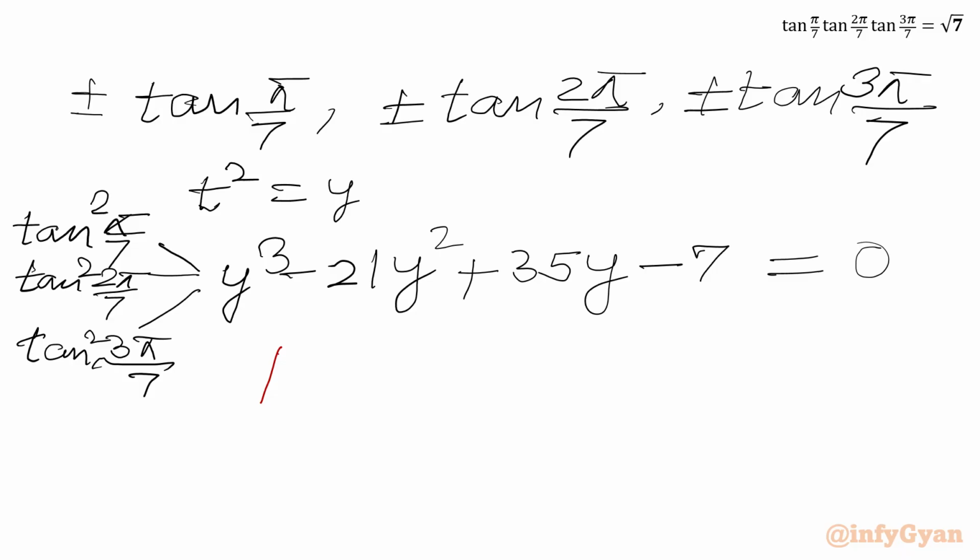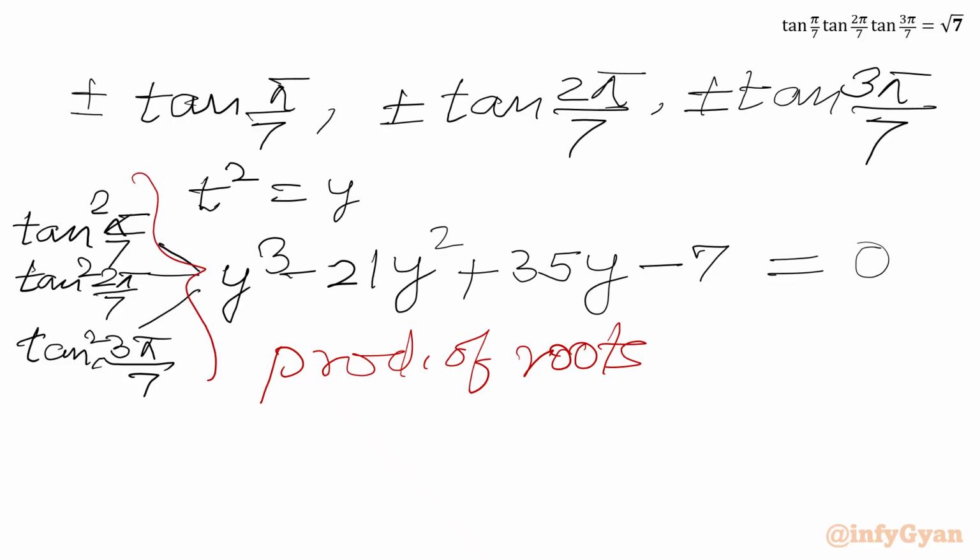So we will write here the product of roots. As we know, the product of roots is equal to minus of minus 7 over the leading coefficient, which is 1. So RHS is 7.